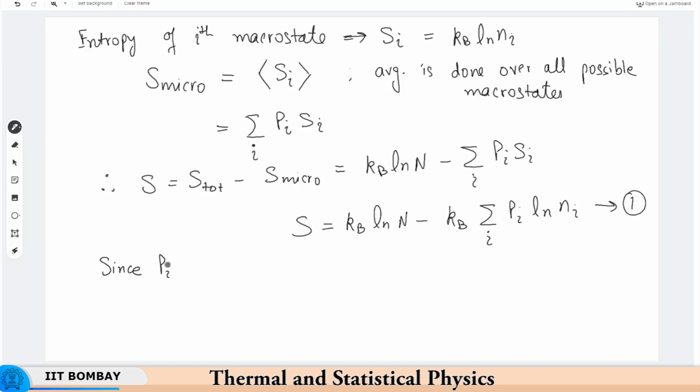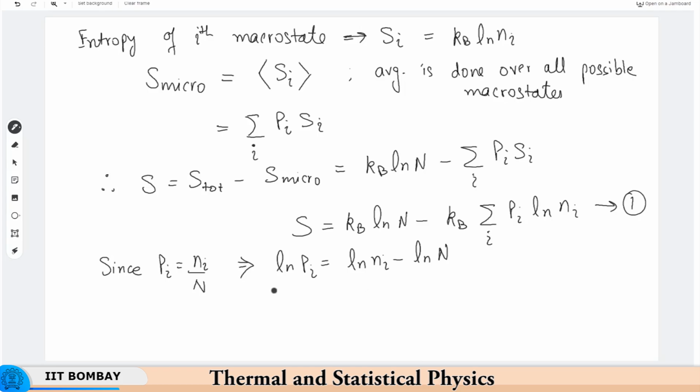Also, since the quantity Pi is equal to Ni divided by n, this is the probability. This implies log Pi equals log Ni minus log n.